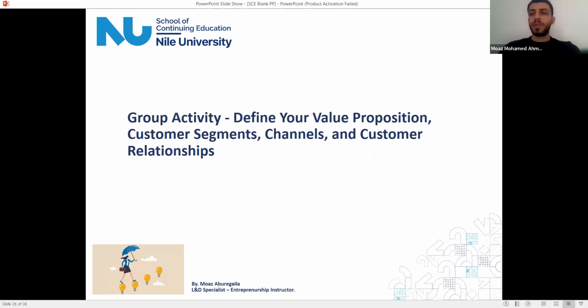Now it's time for a group activity. So let's apply what we've learned so far. In two groups, I want each group to choose a business idea, any business idea, and we apply the 9 components on this business idea.